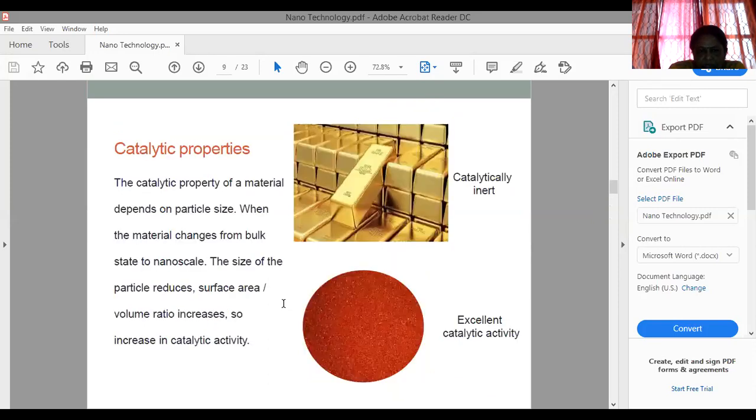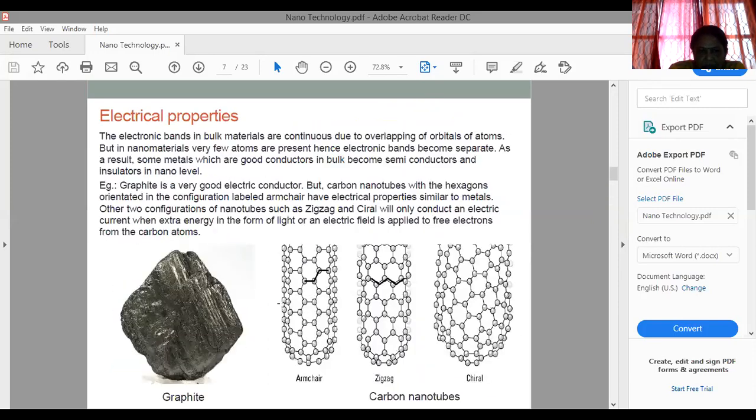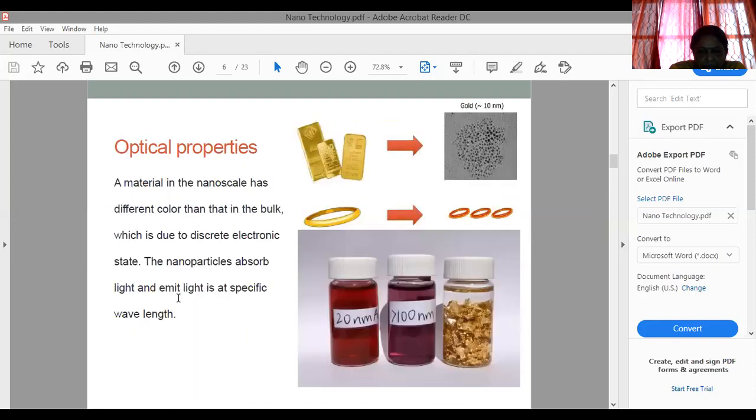So these are the few properties which we have described, showing how bulk and nano size particles differ. Similarly for optical properties, a material in the nanoscale, for example gold, has a different color in the nano size.